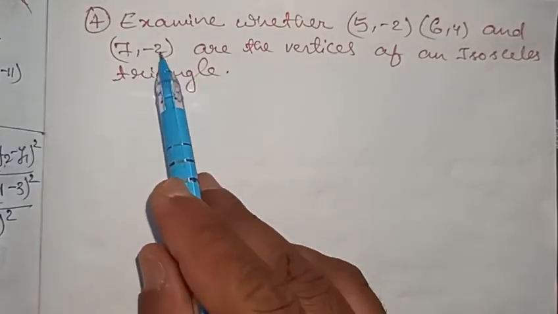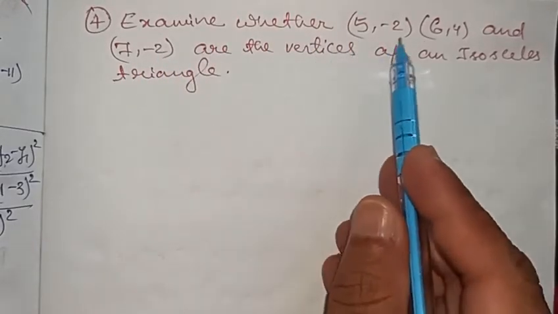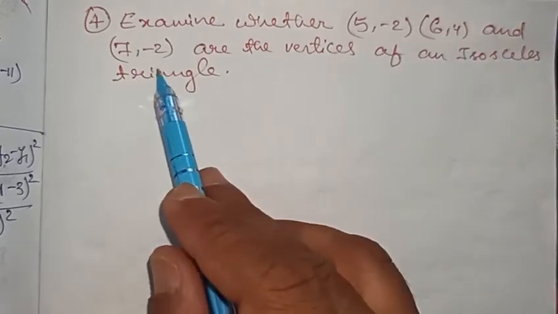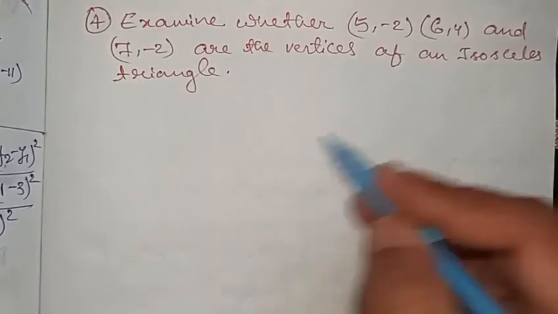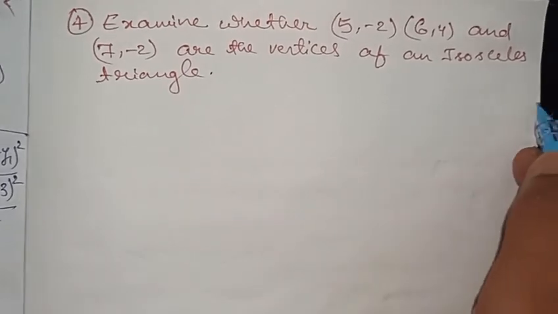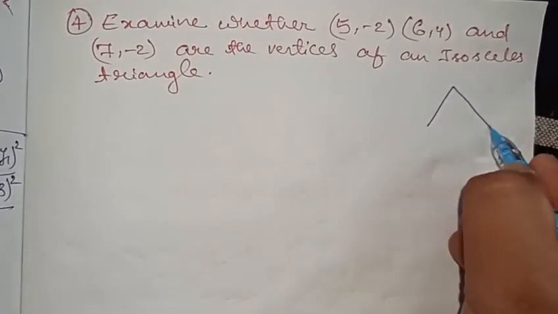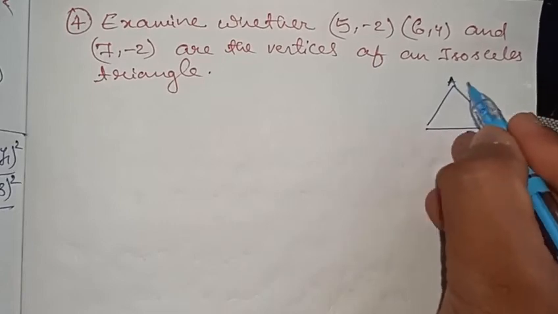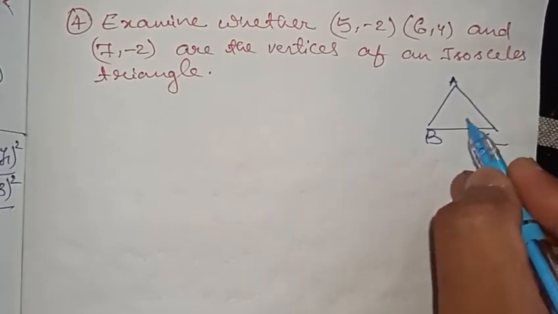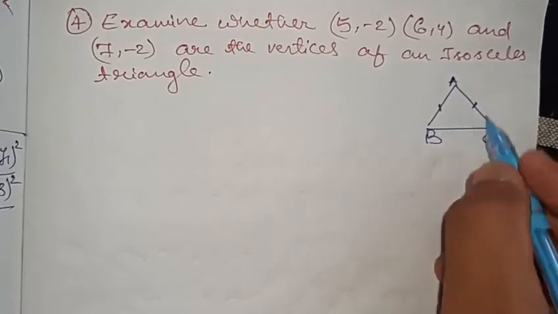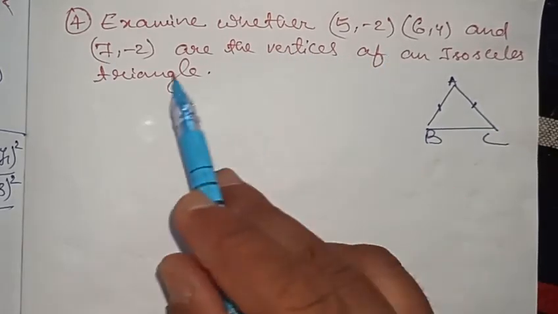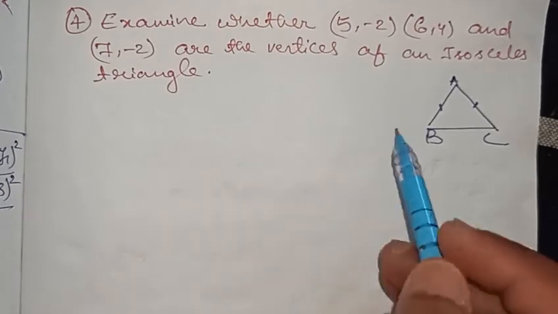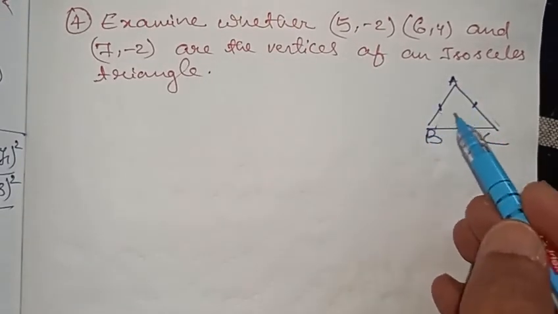Okay. Now question number 4. It is given, examine whether (5, -2), (6, 4) and (7, -2) are the vertices of an isosceles triangle. What is an isosceles triangle? In an isosceles triangle, any two sides will be equal. So we have to find out the distance between all 3 points, and check which 2 are equal.